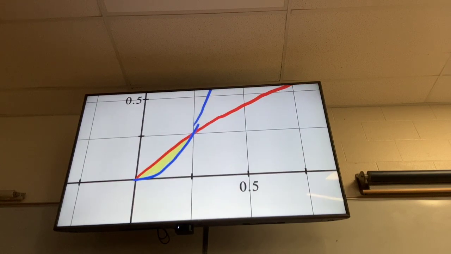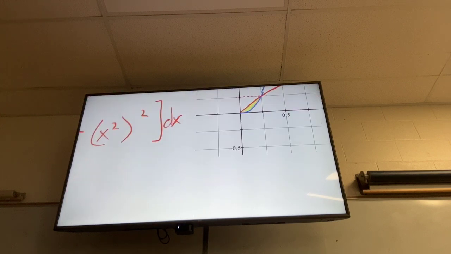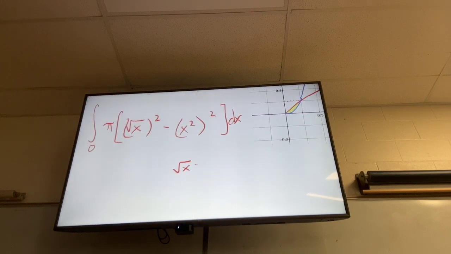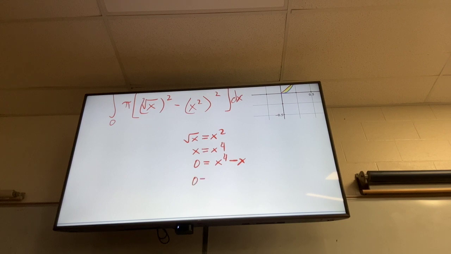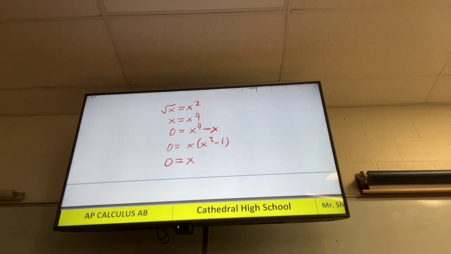What's the best way to figure out what this x value is? Set them equal to each other. So root x equals x squared. Square both sides: x equals x to the fourth. 0 equals x to the fourth minus x. 0 equals x times x cubed minus 1. What is that?